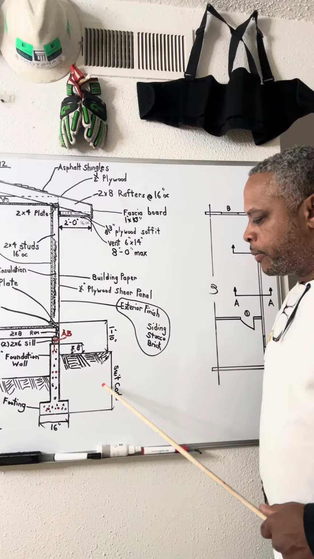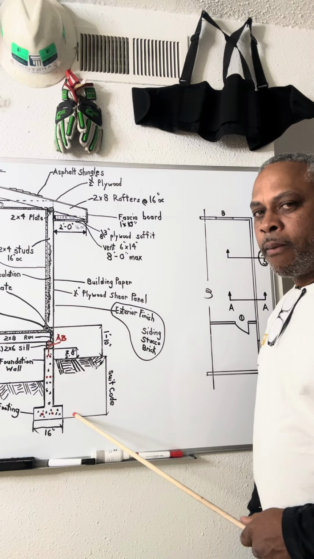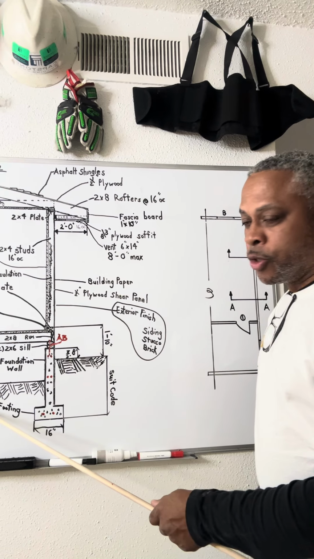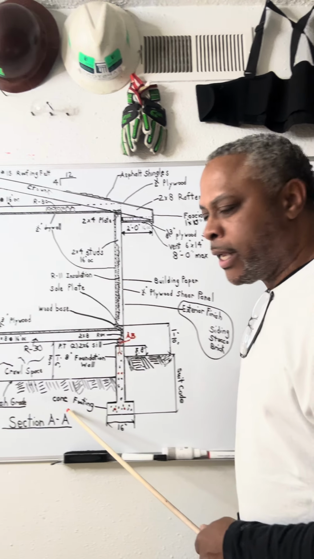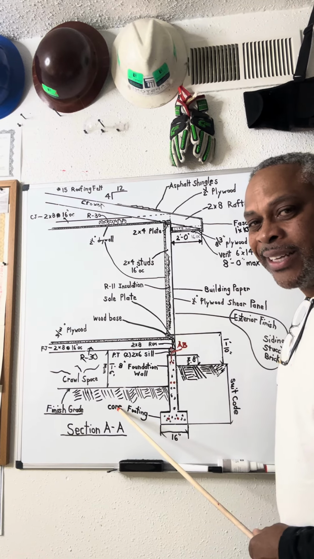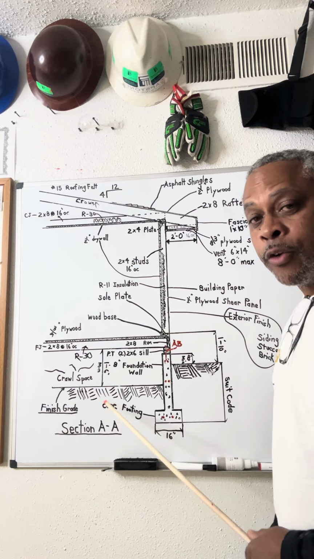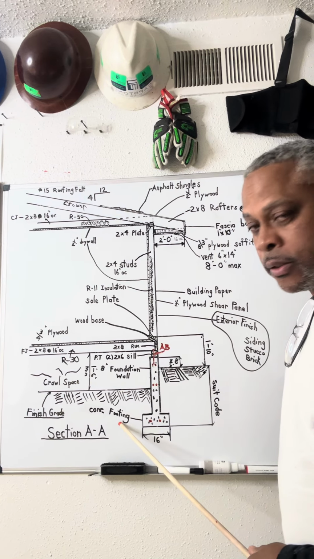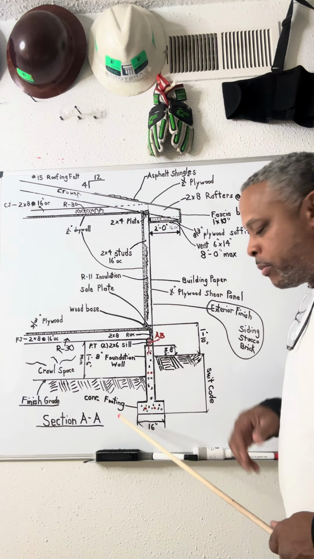The measurement here from the bottom of your footing, remember this is your concrete footing, C-O-N-C dot or period is the abbreviation for concrete. Footing is at the base, at the bottom of everything.